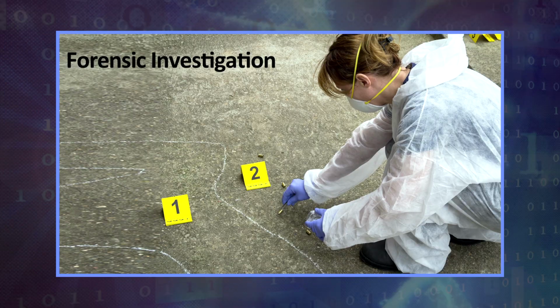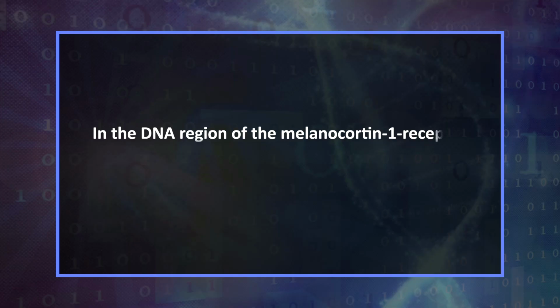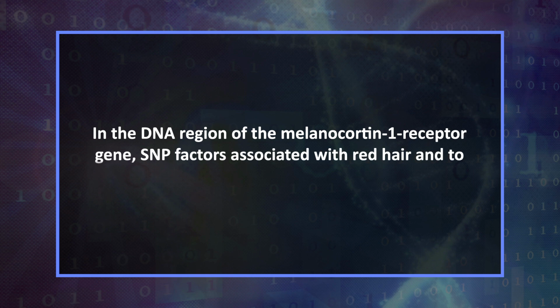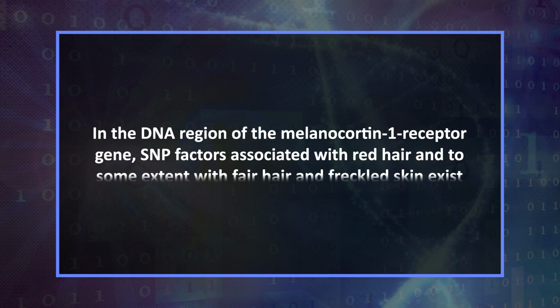When traces of biological material from an unknown person are found at a crime scene, information about physical traits such as color of hair, eyes, and skin can be obtained. In the DNA region of the melanocortin 1 receptor gene, SNP factors associated with red hair and to some extent with fair hair and freckled skin exist.